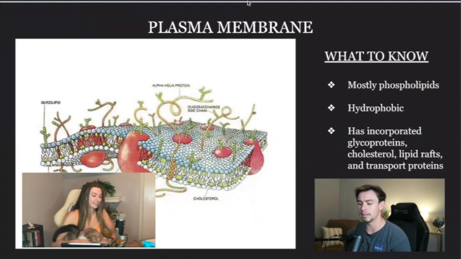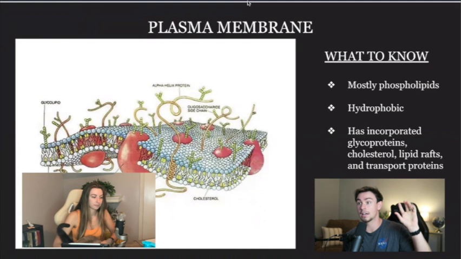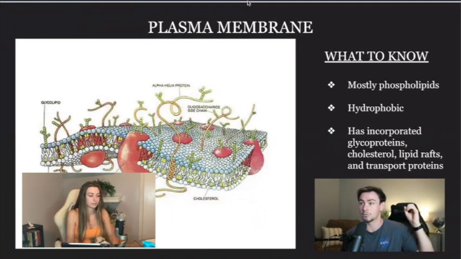That has always been weird to me, because the head of a phospholipid is made up of a phosphate head and some tail groups, and it's hydrophilic.